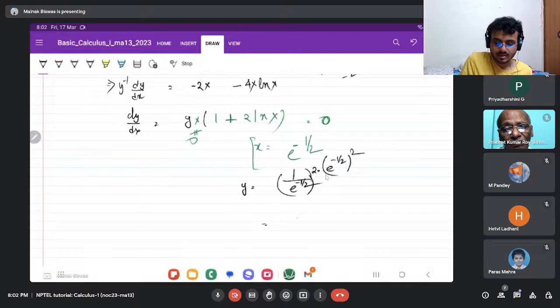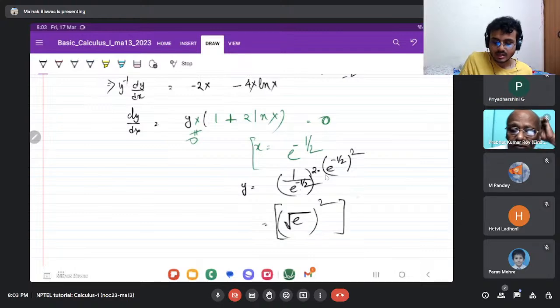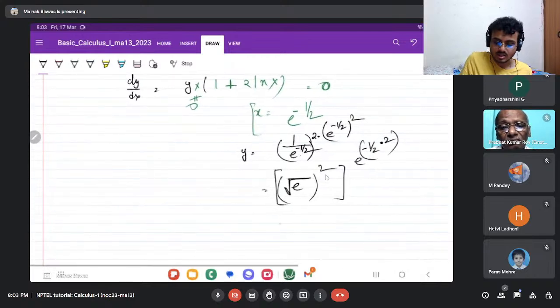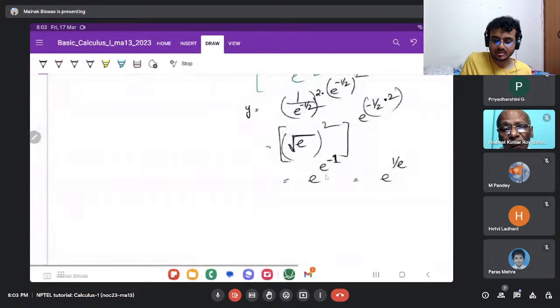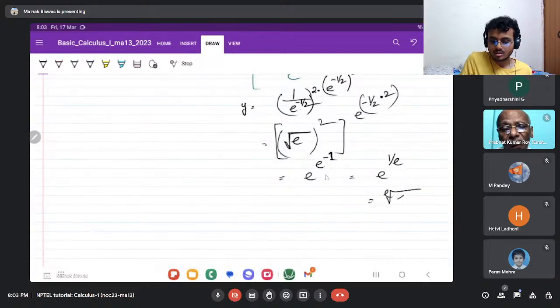So what will it be? e to the power of minus half means square root of e, minus of minus squared, e to the power of minus half into 2, right? So this is e to the power of e to the power minus 1. This is equal to e to the power 1 by e. Correct?